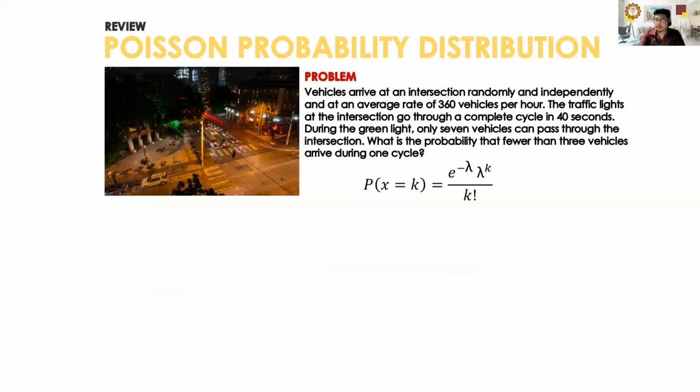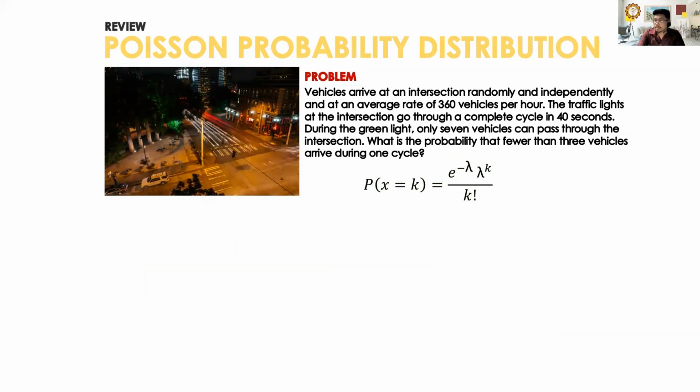Let's have another example. Vehicles arrive at an intersection randomly and independently at an average rate of 360 vehicles per hour. The traffic lights at the intersection go through a complete cycle in 40 seconds. And then during the green light, only 7 vehicles can pass through the intersection.